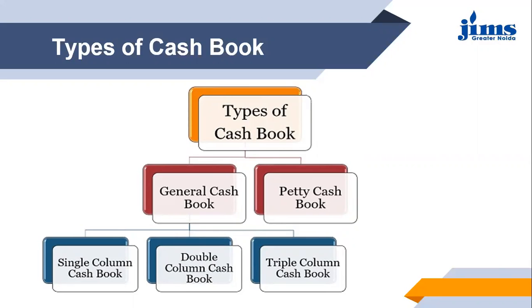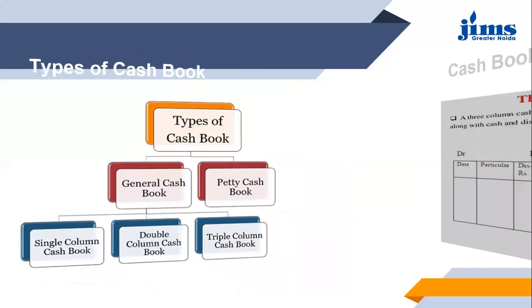In the double column cash book, you have two amount columns, one related to cash entries and the other related to bank transactions. And in the triple column, it can be a cash column, a bank column, and a discount column for the cash discounts which are given or received by the business. So these are the three types of cash book that a business usually prepares.